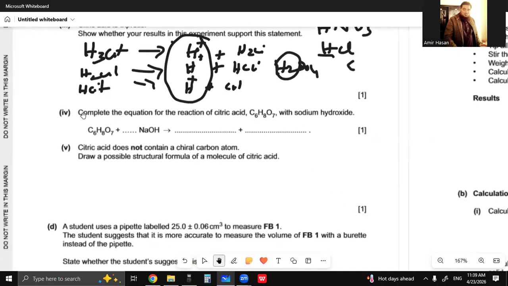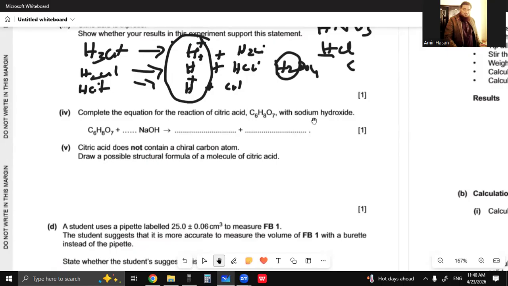Now complete the equation of the reaction of citric acid with sodium hydroxide. What is the reaction formed here? This is the neutralization reaction. In a neutralization reaction, the acid reacts with the base, forming a salt and water.